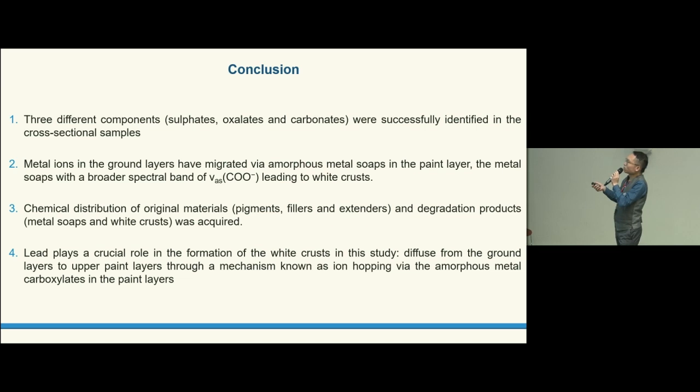And we also detected original materials and other degradation products by providing their chemical distribution information. And we know that lead plays a crucial role in the formation of white crust, either when there's a lead white used in the ground layer or they use lead-based pigments such as Naples yellow.